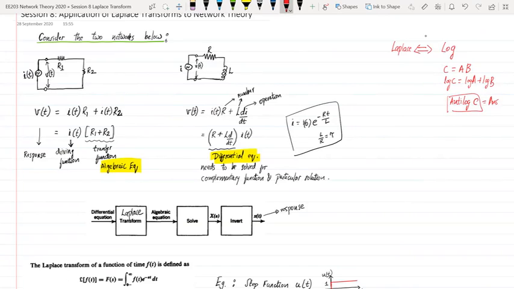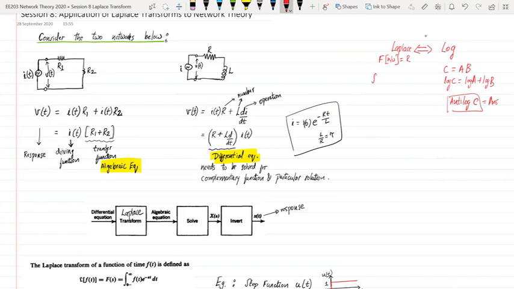And in the case of the Laplace transform, what I'll do is I'll have some equation. So I have a forcing function applied on some network that gives me some response. Okay. And what the Laplace will do is I can take the Laplace transform of the forcing function.